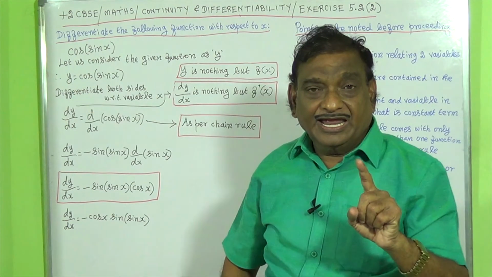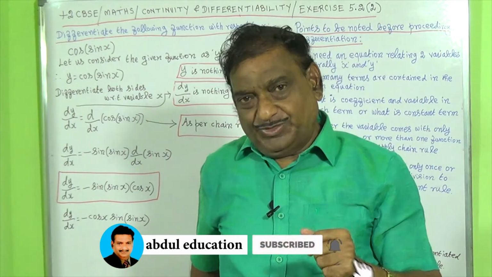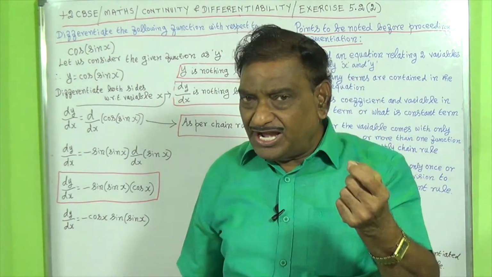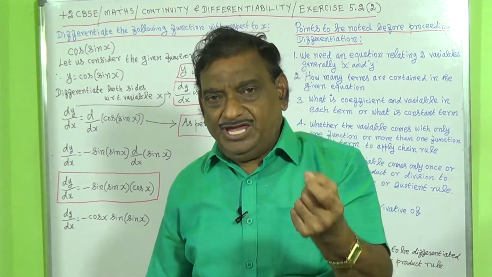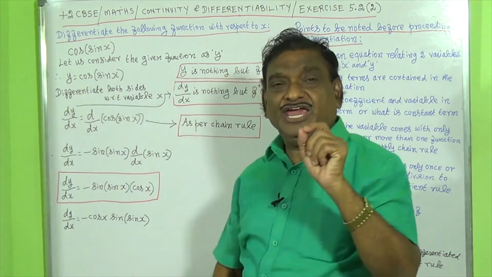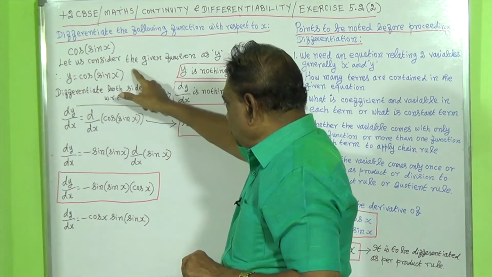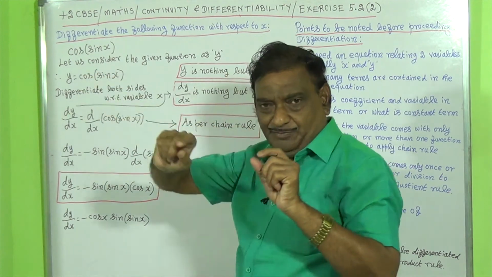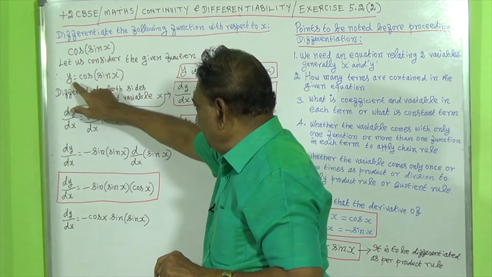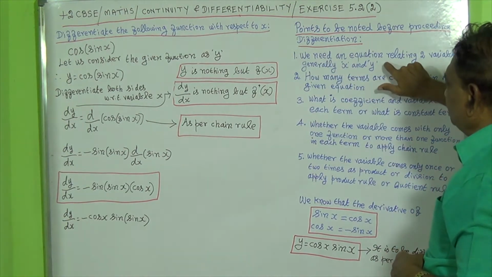We can consider this function as y. If we consider this function as y, we get y equal to cos of sin x, so that we are getting one equation relating the variables x and y. Therefore the first point is satisfied.